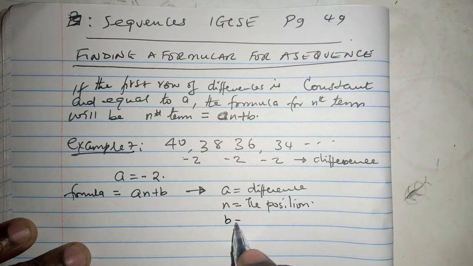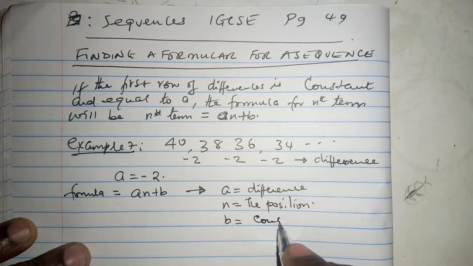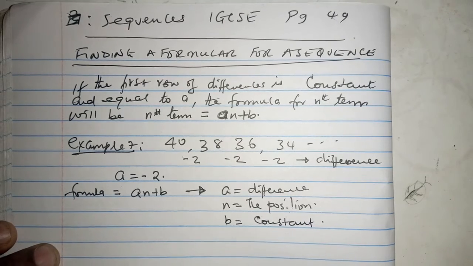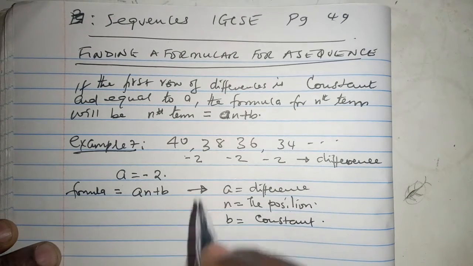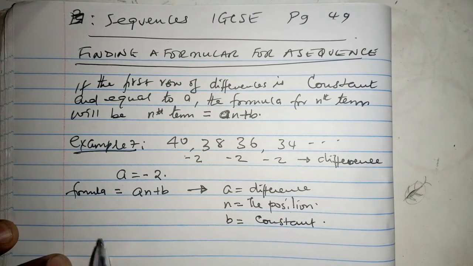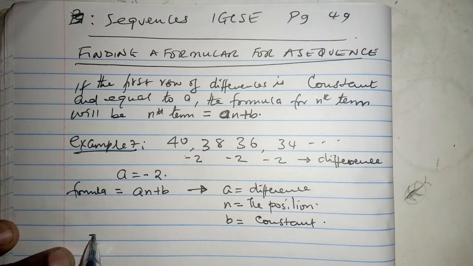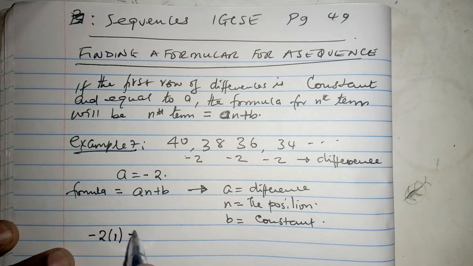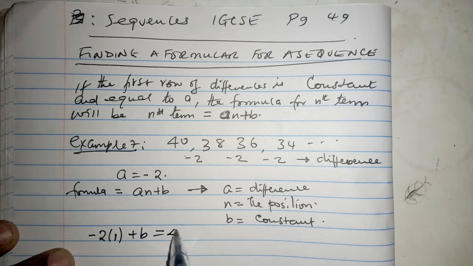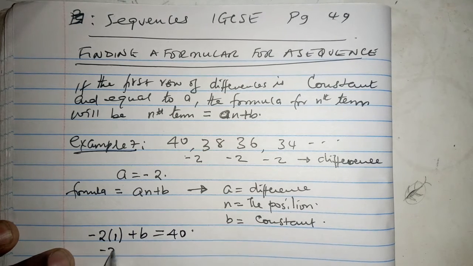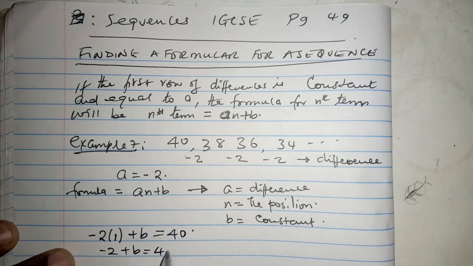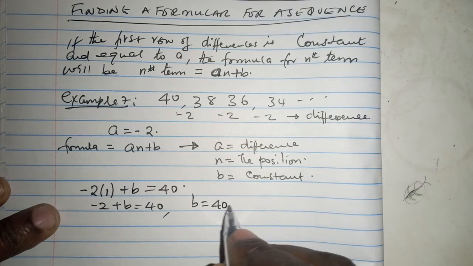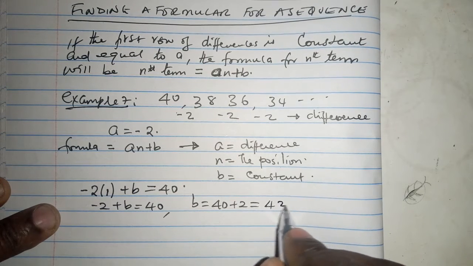And b is another constant. If we attack the first term, we have A = -2, n = 1, plus b equals 40. So -2 + b = 40, meaning b is 40 + 2, which is 42.